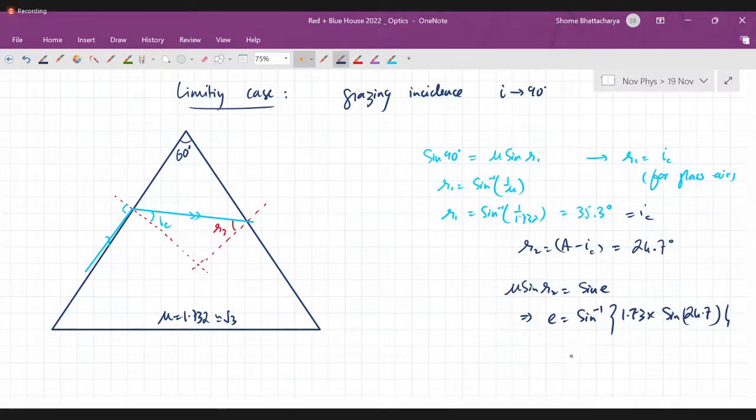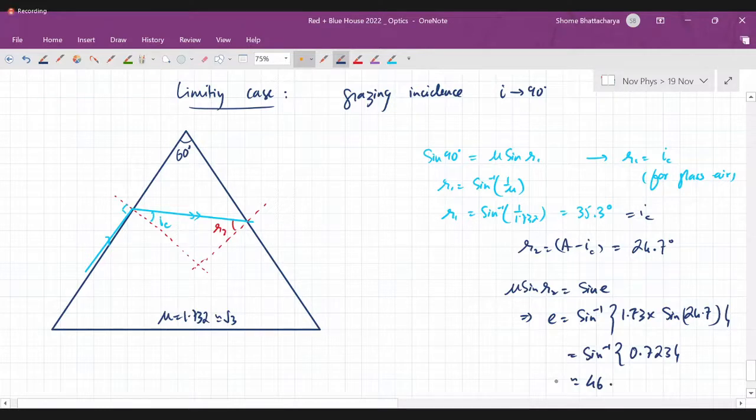So this will be about sine inverse of 0.723, which will then be about 46.3 degrees. We get emergence as this.